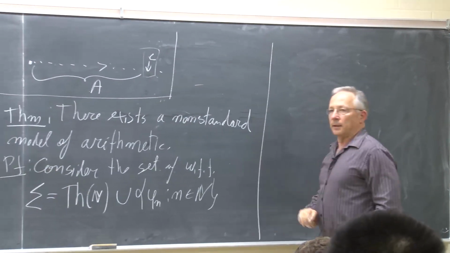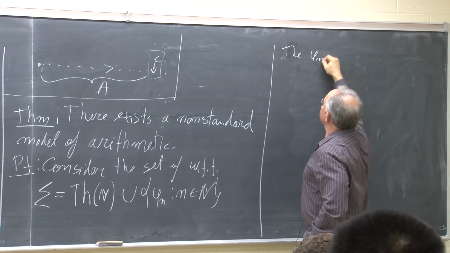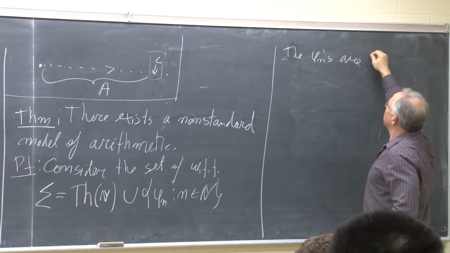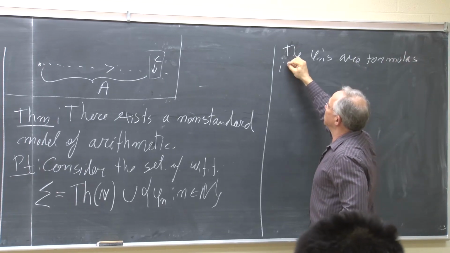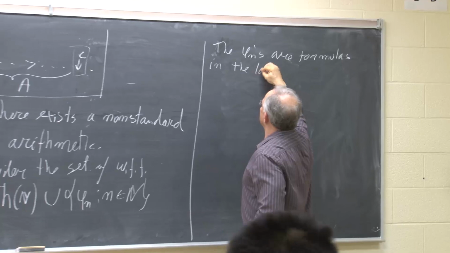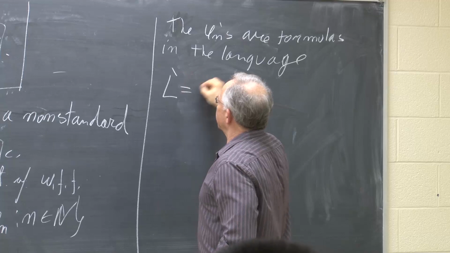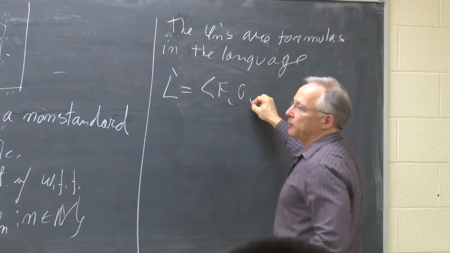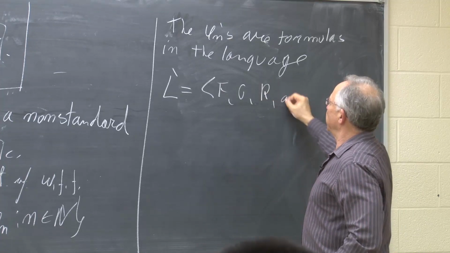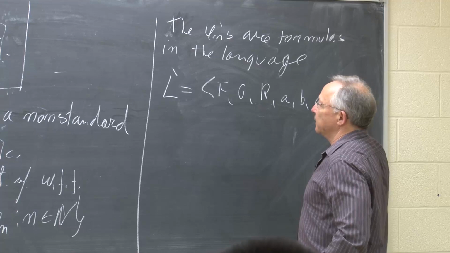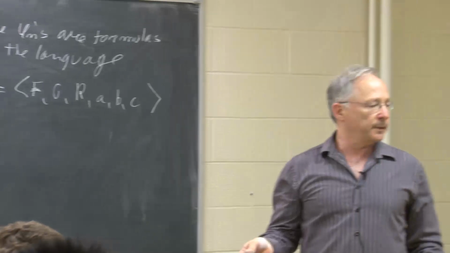So the phi_n's are formulas in the language L', which is the same as L. I have my F, I have my G, I have my R, and I have A and B, and now I add C. So I extend my language by adding one more constant symbol.